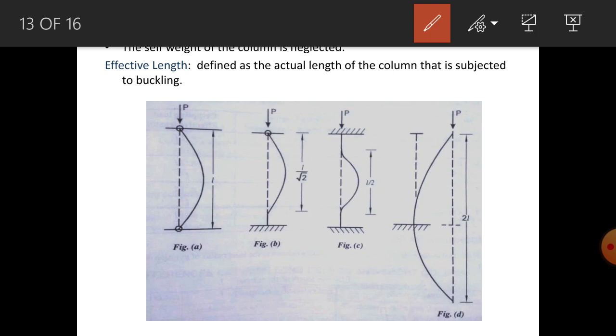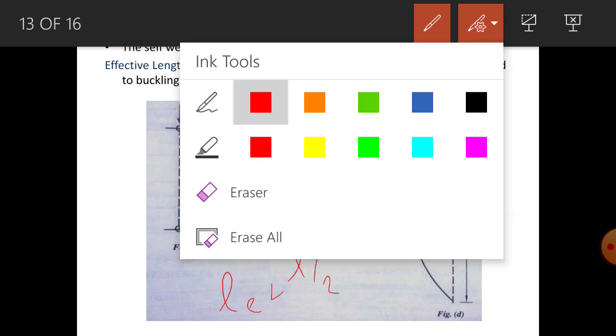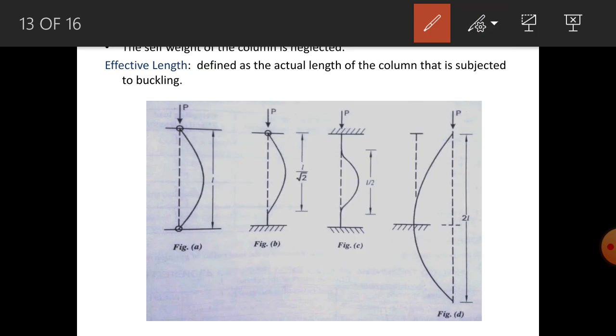In the first case both ends were hinged, and in the second case one end hinged and one end fixed. So in the third case, both the ends are fixed, so the effective length LE will be L by 2. It will be half the length of the column.